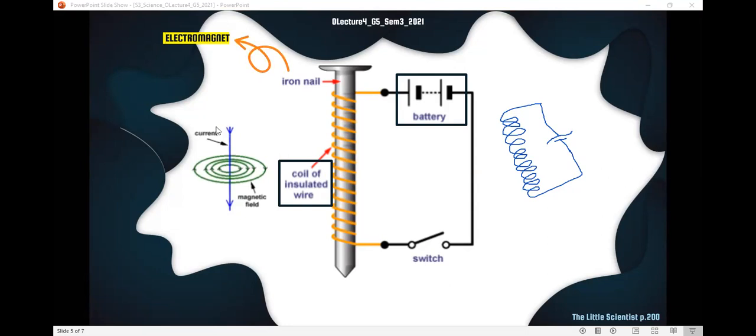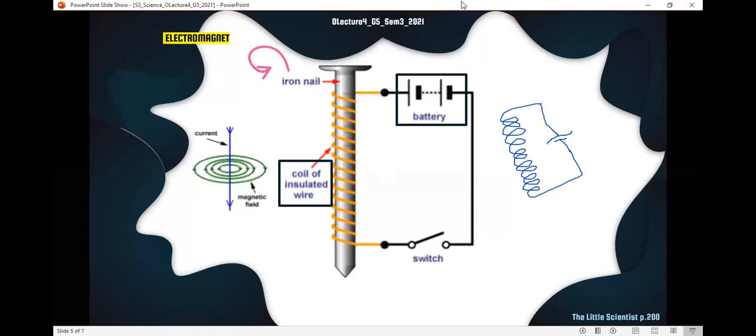How do we turn on a battery? The battery is always a source of electricity. You can add a switch if you want to. It's optional. It isn't necessary, but you can add a switch if you want.